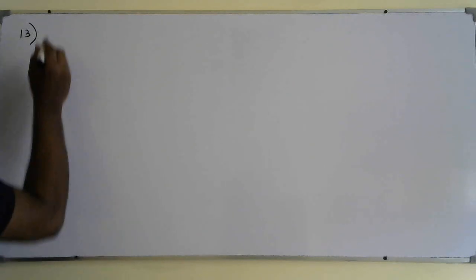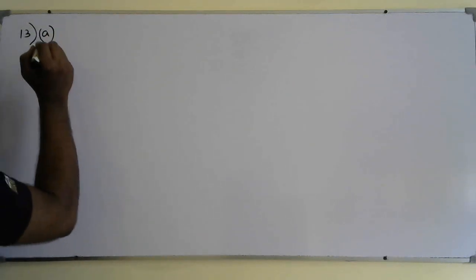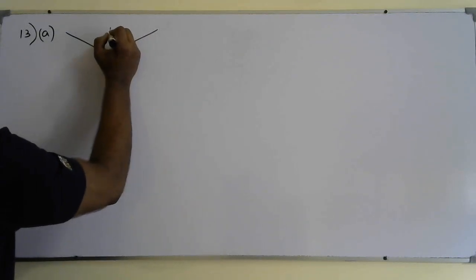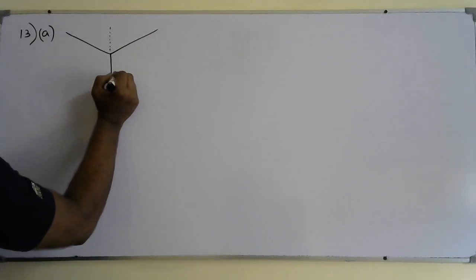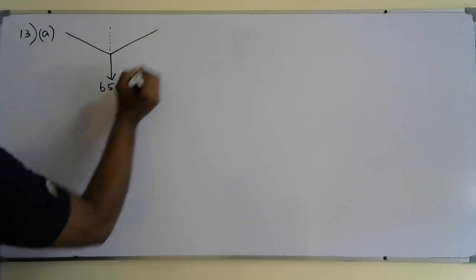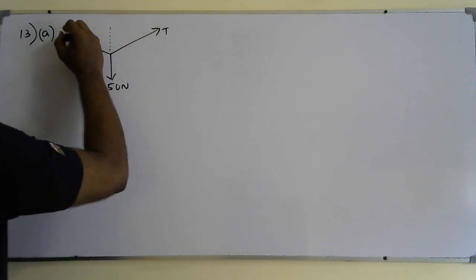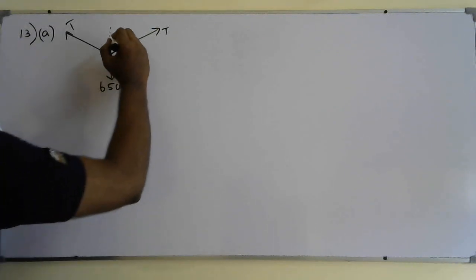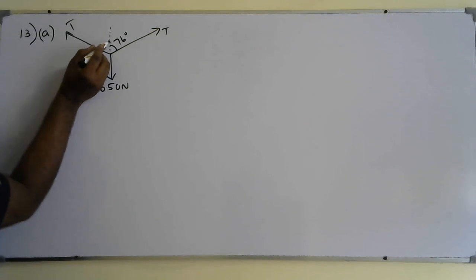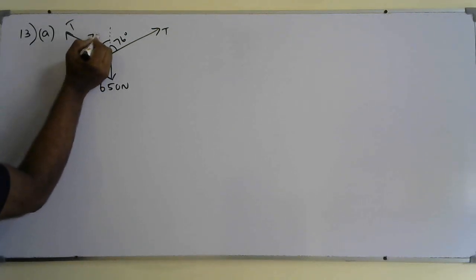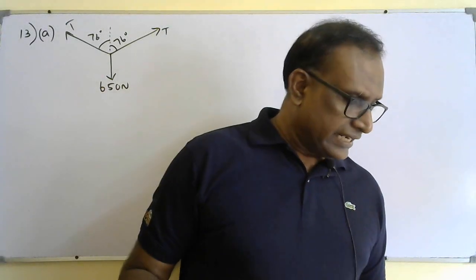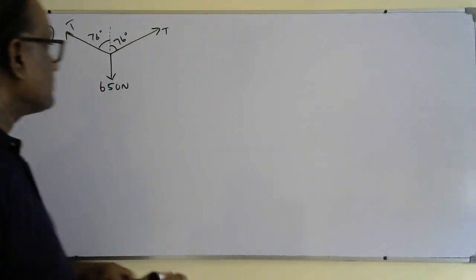Okay, so A part, the free body force diagram is given. So this is 650 newtons, and these two tensions on either side are the same, on the same string. These angles are given, 76 degrees, and this is also 76 degrees. Since it is at equilibrium in the vertical direction, the resultant force must be 0.